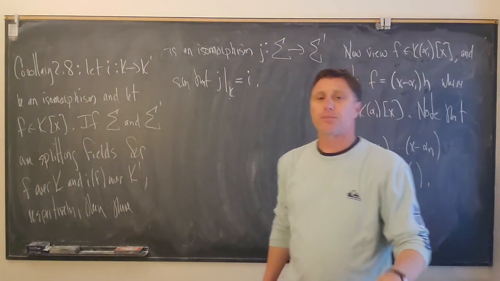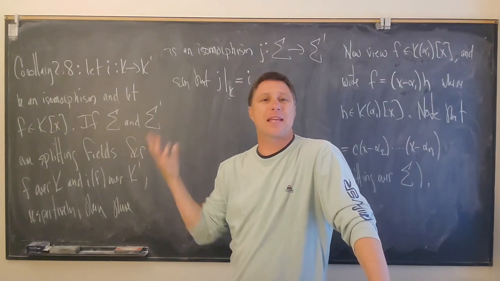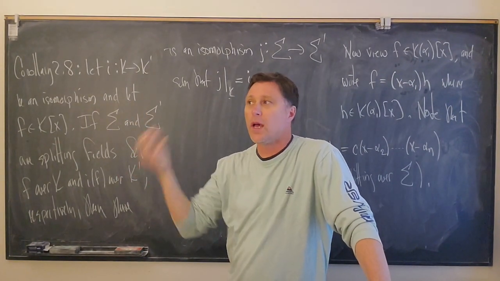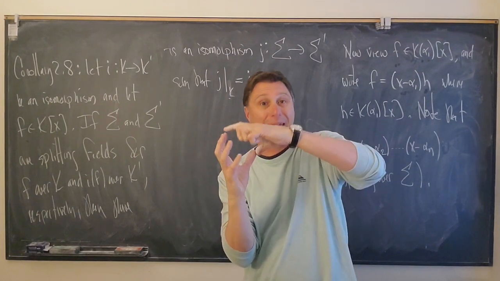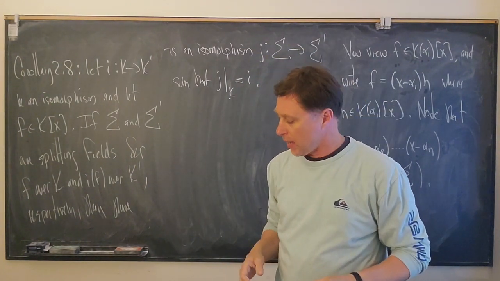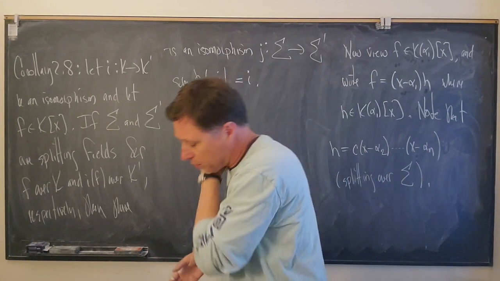We proved these extension theorems: if certain conditions hold, then you can extend your function from K to something bigger. This is going to be the first time where we actually apply one of these theorems.